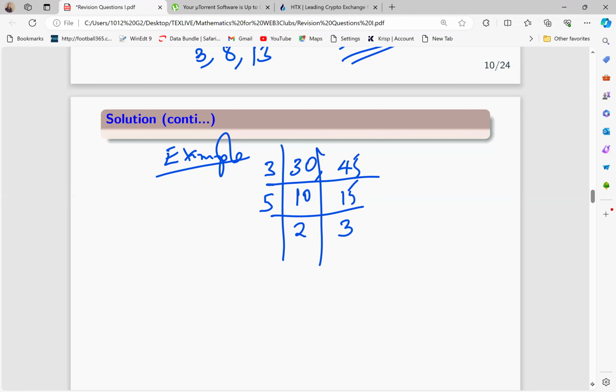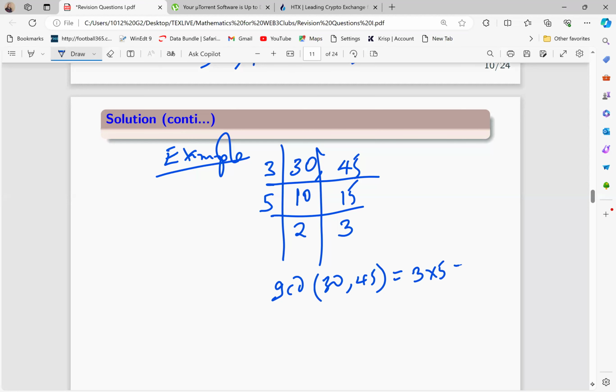When you reach a scenario where there's no common factor, you stop there. So at this point, there's no common factor. So we would say the GCD of 30 and 45 is 3 times 5, which is 15.